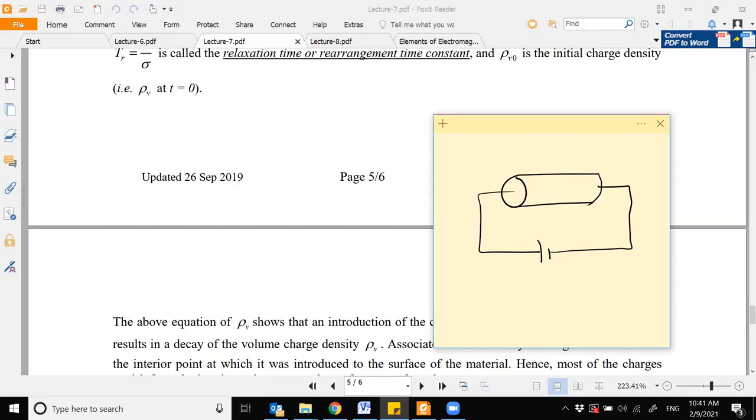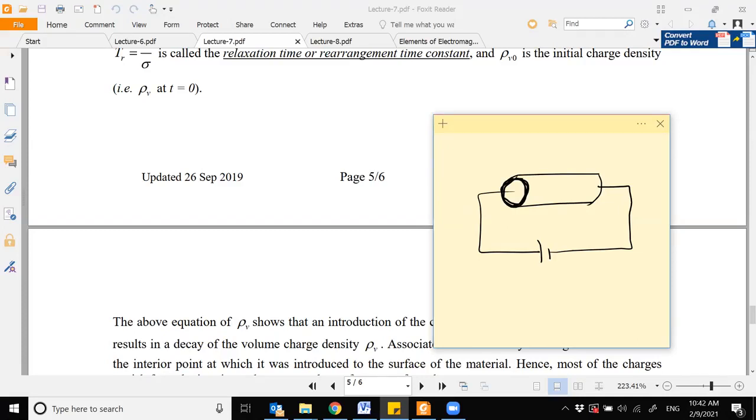When more charges are injected, if this is the thickness, then the maximum charges will go only to this surface. The maximum charges will be available at the surface, and inside you will not see anything.